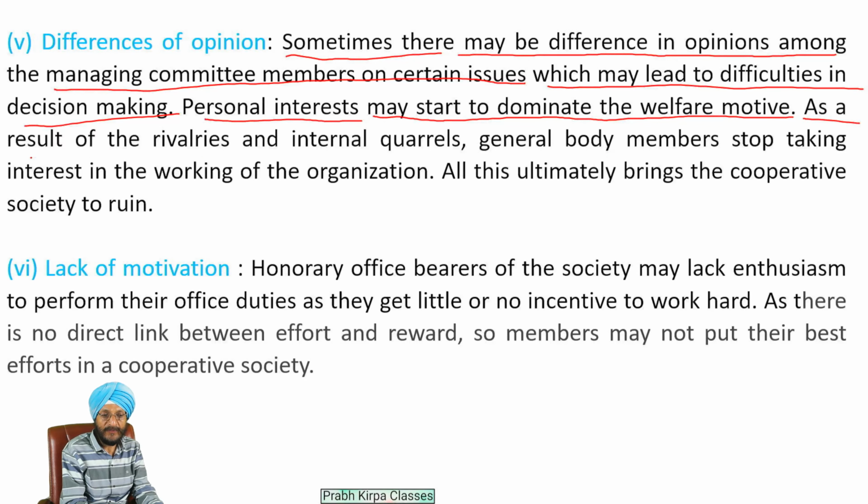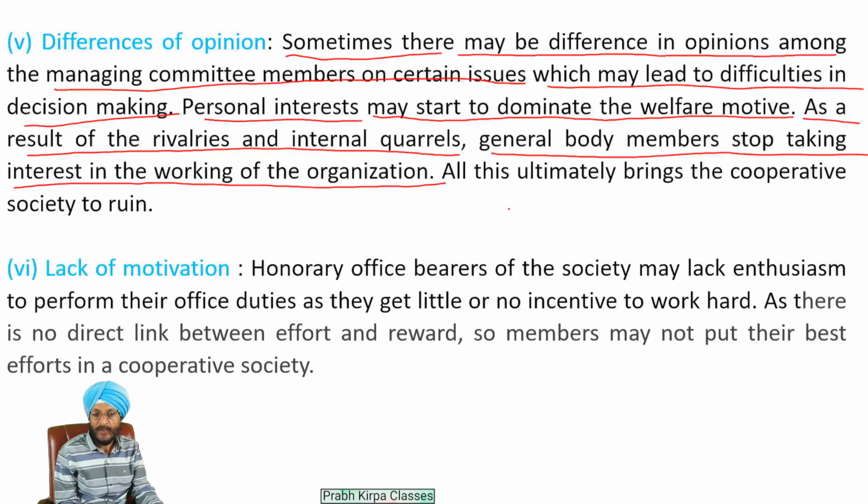As a result of the rivalries and internal quarrels, general body members stop taking interest in the working of the organization. If such a situation occurs, this ultimately brings the cooperative society to ruin.